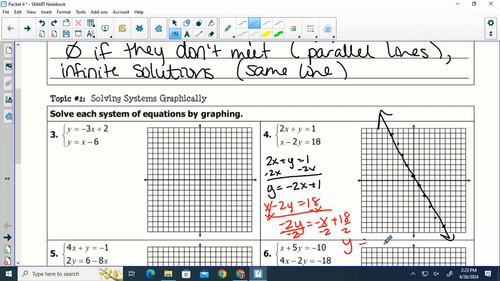So y equals negative divided by negative, positive 1 half x. It's minus 9, yep. Okay, so that one would start at negative 9. Slope positive 1 half, so up 1 over 2.